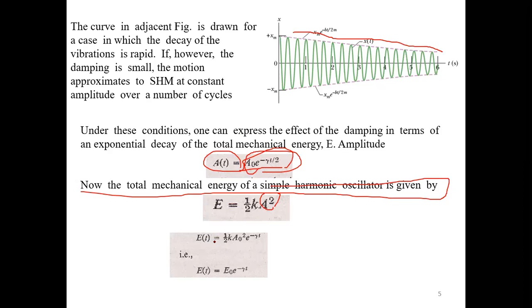So the mechanical energy as a function of time will be half k A naught squared e to the minus gamma t. That means energy will also decrease exponentially, which is why ultimately it will stop. However, an ideal simple harmonic motion should oscillate forever, but in this case, it will stop after some time, depending on the damping factor.